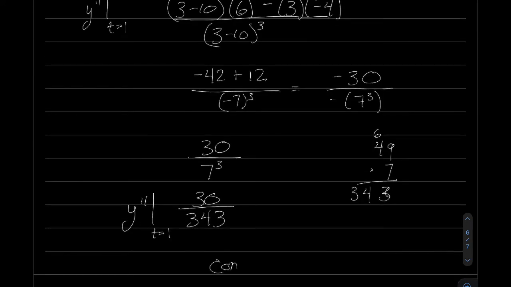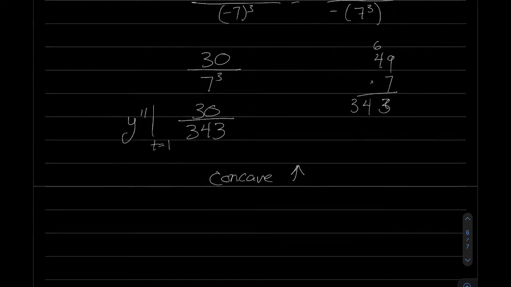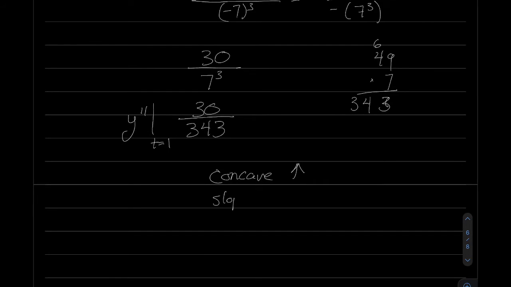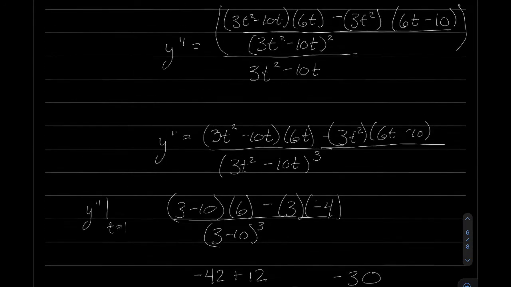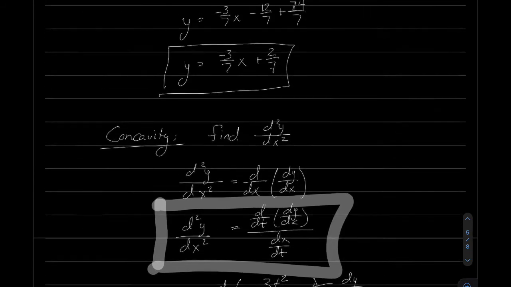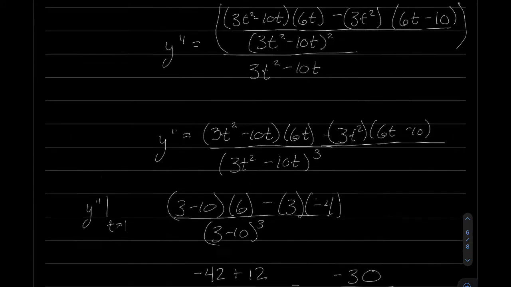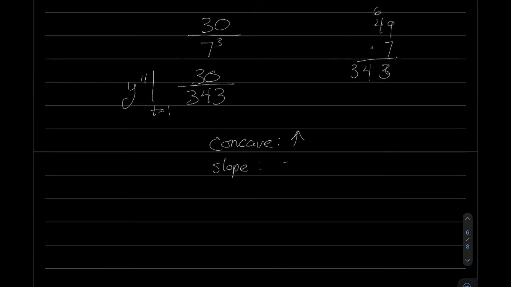So this is concave up. And its slope is, let's go all the way back, negative 3/7. And we have negative 3/7 x plus 2/7 is the tangent line.